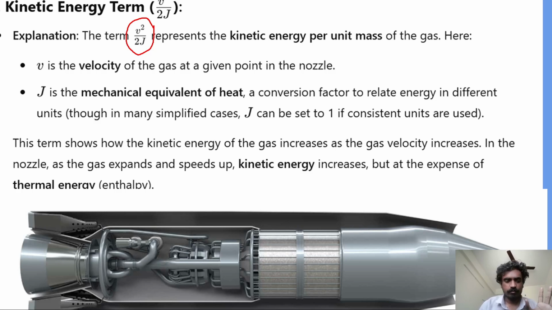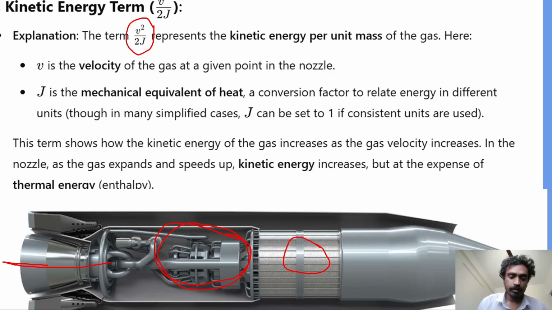This is obvious. Here there are fuel and oxidizer, and they are mixing. That mixing raises the energy of the gas. Gas energy increases. So the gas expands, and as it expands, the velocity of the gas increases.